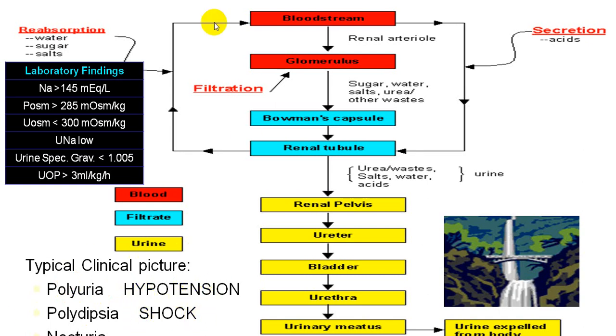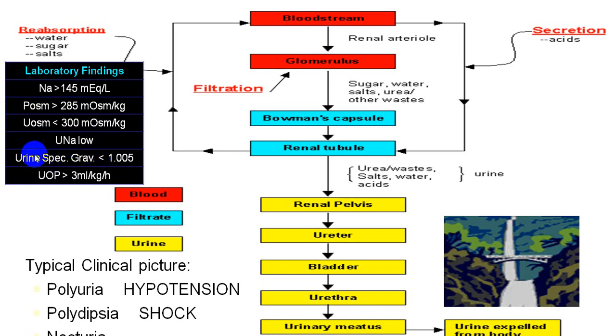Along with this, there are certain laboratory findings which are very suggestive of diabetes insipidus. Sodium becomes more because the water is lost from the blood, so osmolality also increases. Plasma osmolality is more than 285. Relatively, the person develops hypernatremia. Urine osmolality is markedly reduced. Urine sodium is low.